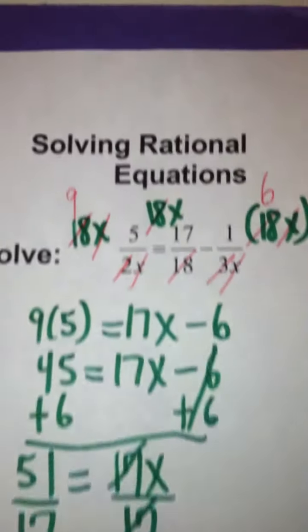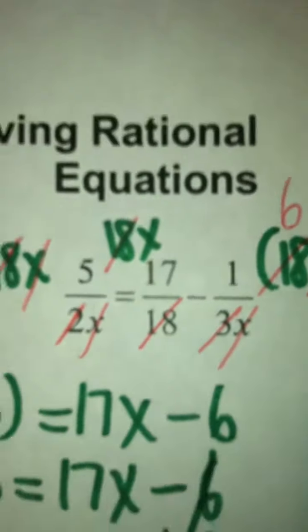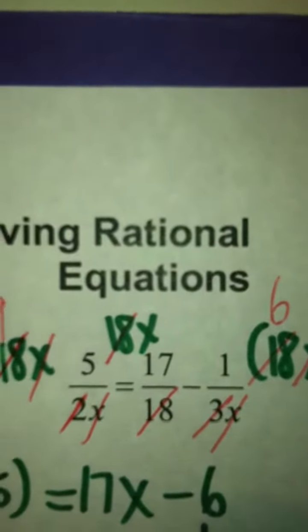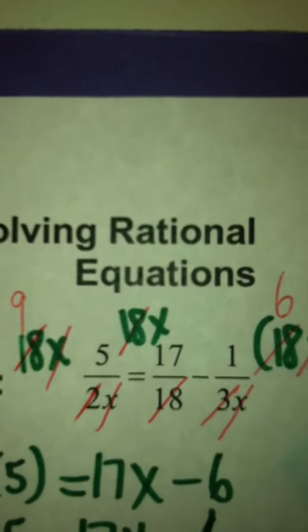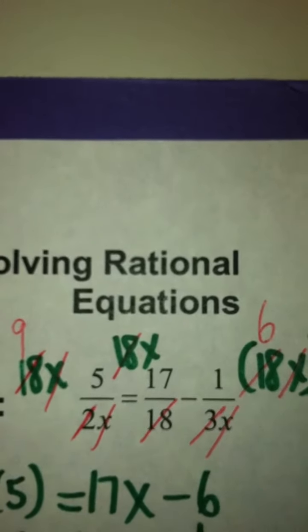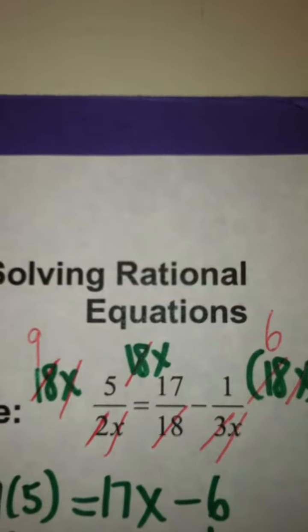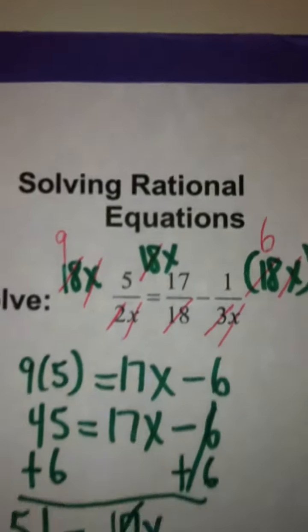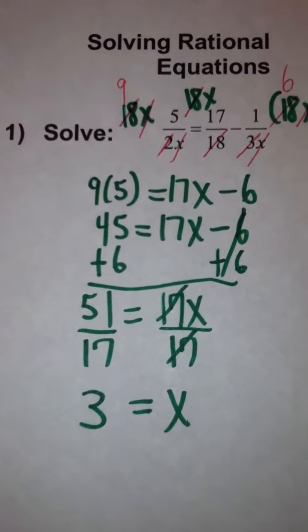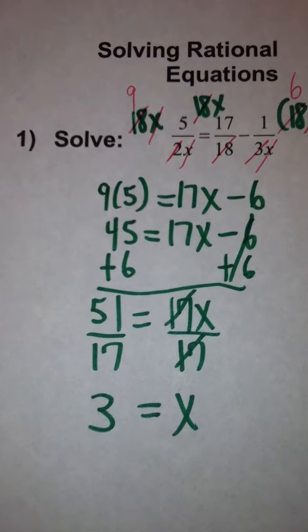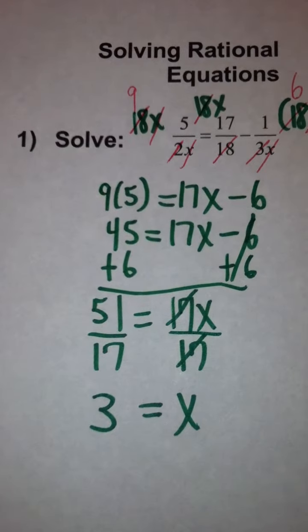Well, x equal to 3, there is nothing that will make the denominator 0. The only answer that will make the denominator 0 is when, of course, x is 0. So our answer is indeed x equal to 3.